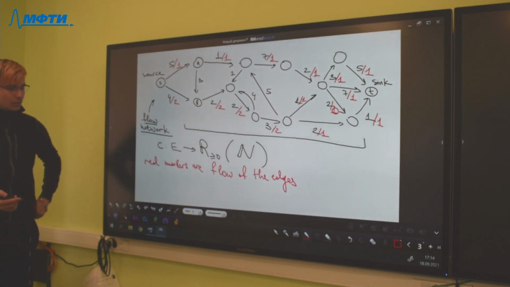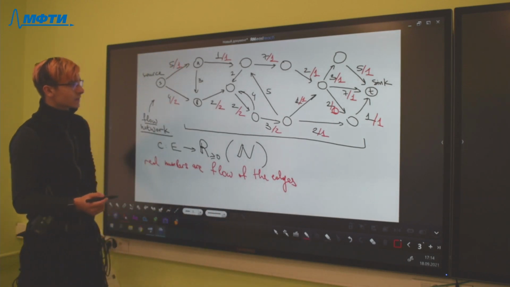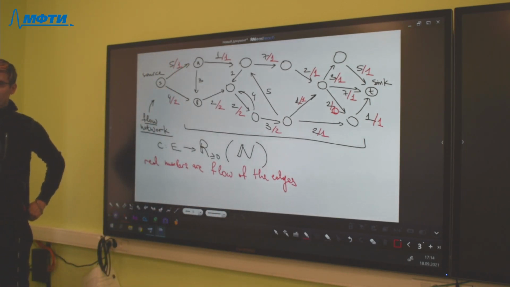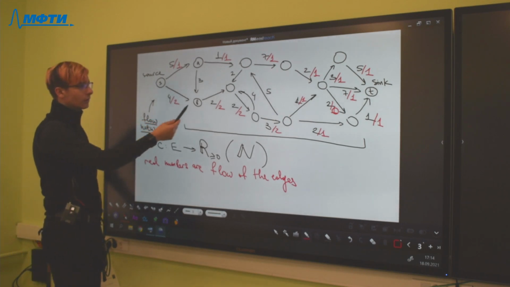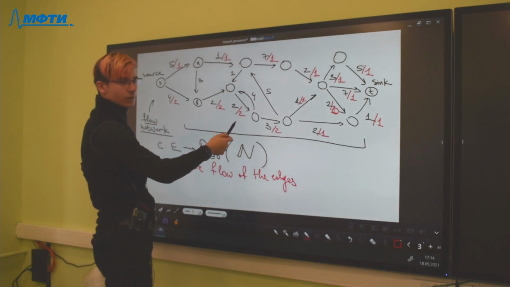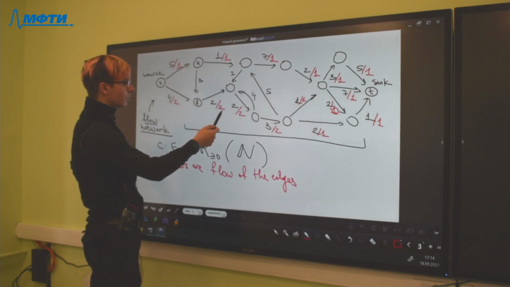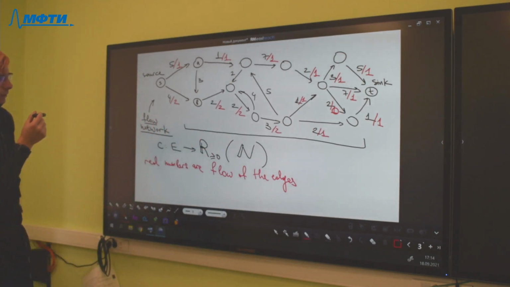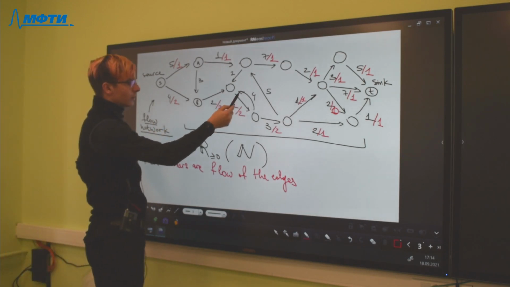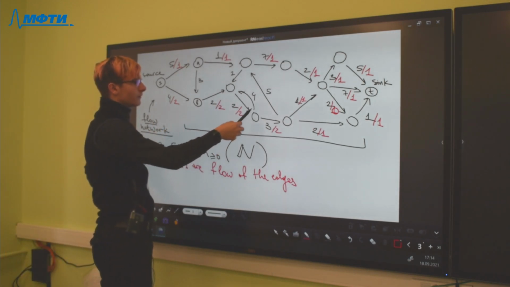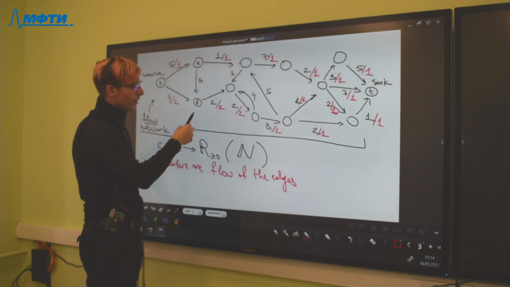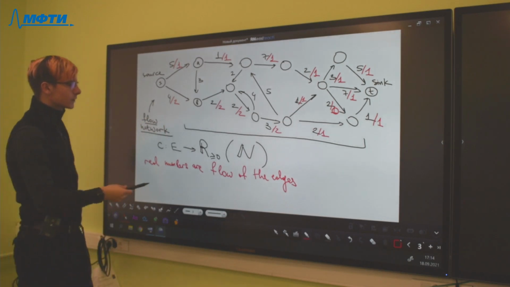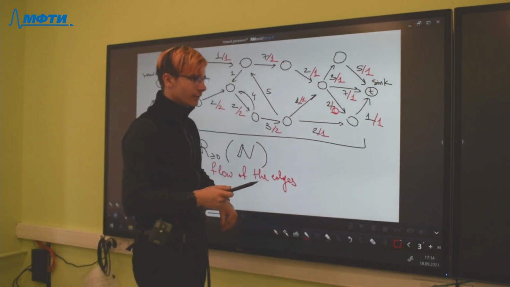It is contained in the input data. So the flow will be here? Yes. Do we need to get flow in the other direction? I mean, will the flow be -2 here? No, flow is the function of the edge.